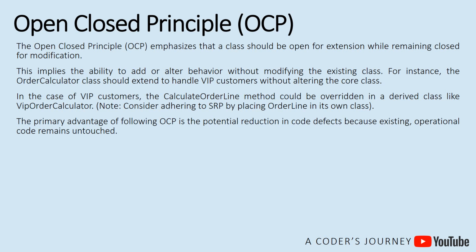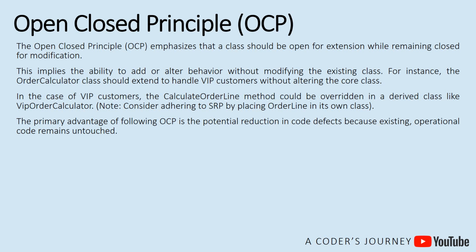Now, OCP, or the open close principle, has many advantages. The primary advantage of following OCP is that the defects in your code will be reduced. Why? Because you are not modifying your existing code. When you write a piece of code, test it and deploy it to production, you do not want to touch that code because it is operational, it is working.